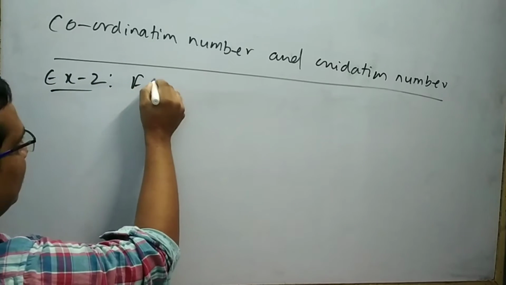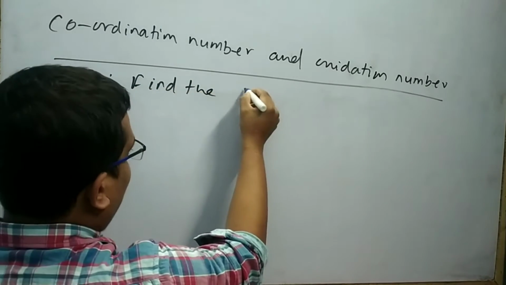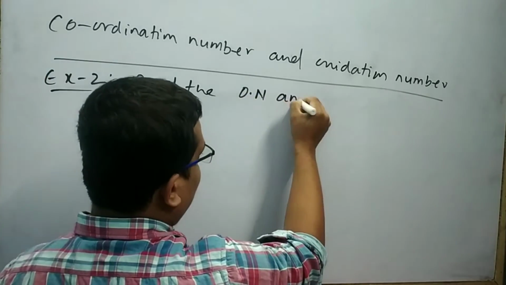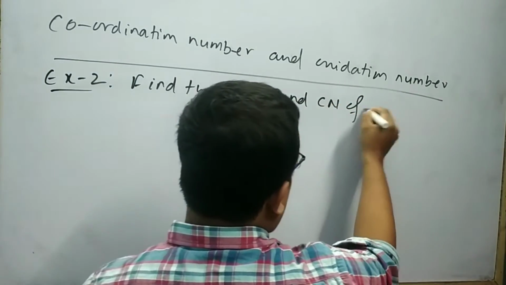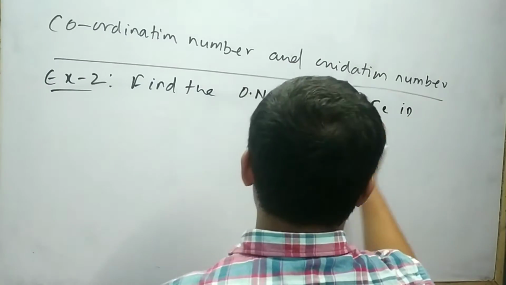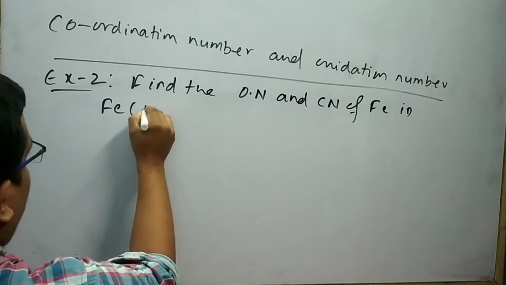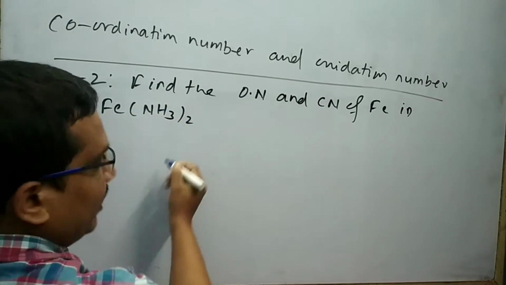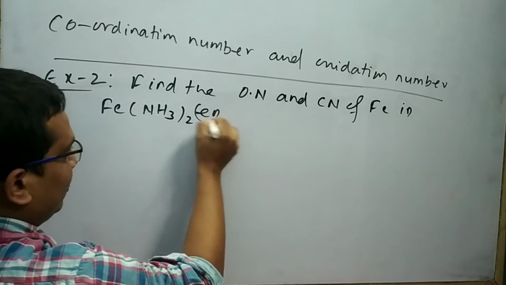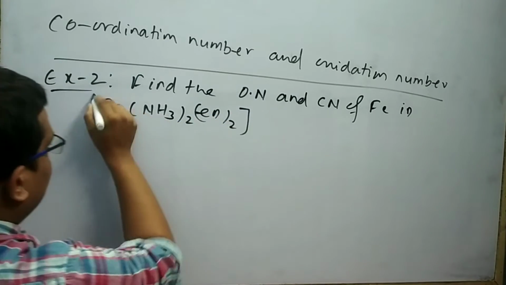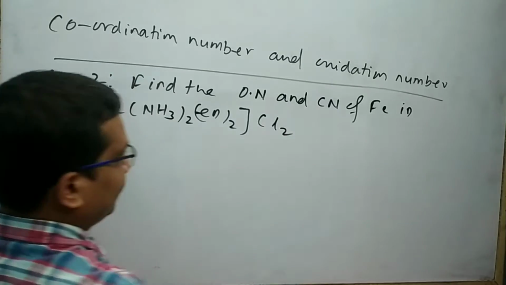Find the oxidation number and coordination number of iron in [Fe(NH3)2(en)2]Cl2.